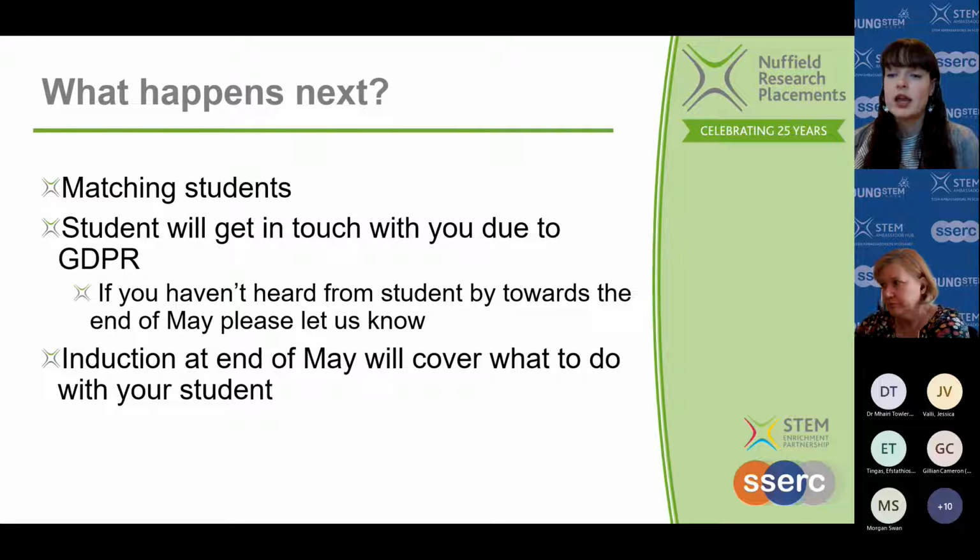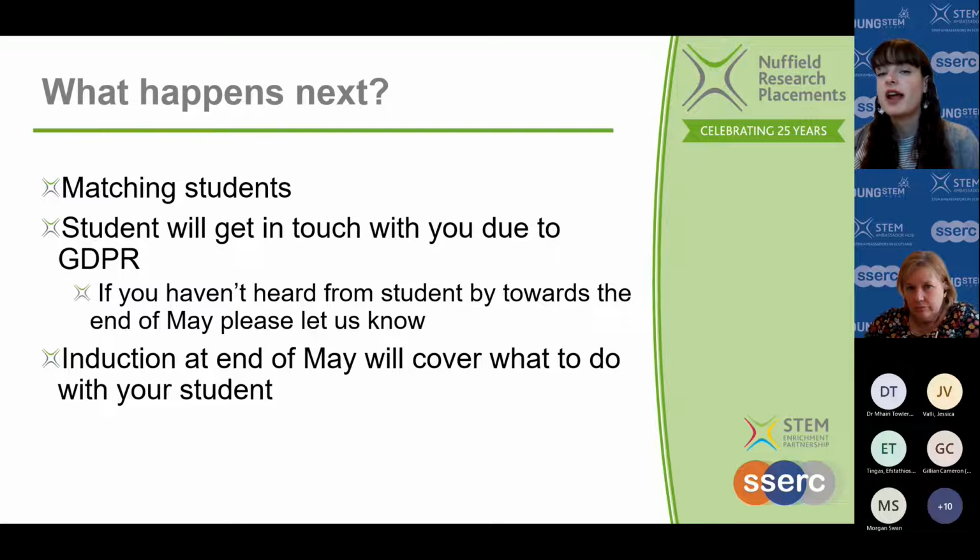As Aileen said, we will send out a selection of student personal statements to you to give you a bit of choice. Once you've let us know who you like, we will then send over student matches for you to approve in the system. You'll get an email about that, and then the student will get in touch with you from there.